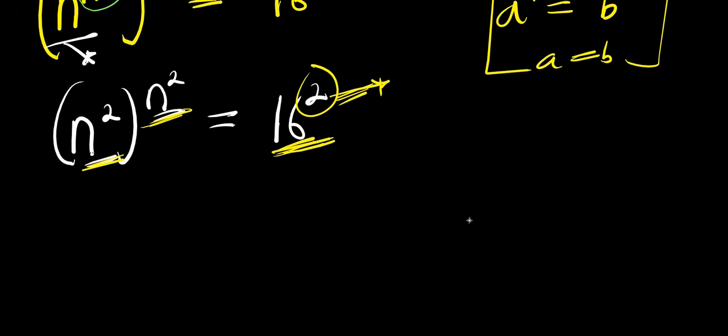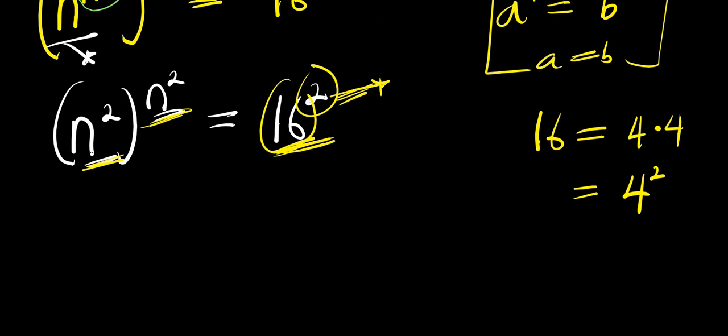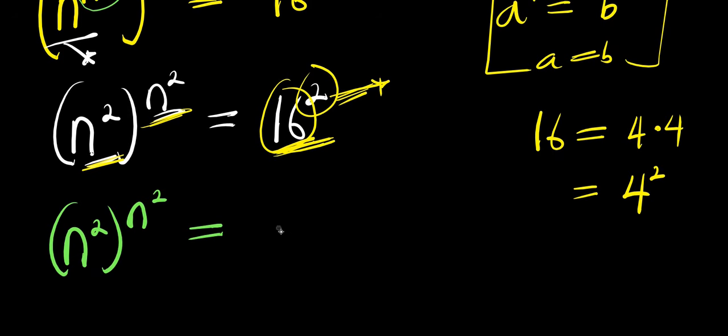So if you consider 16 is a perfect square, which is 4 times 4, that means 16 is 4 to the power of 2. So we are going to replace 16 with 4 to the power of 2. That means we are going to have n to the power of 2 raised to the power of n to the power of 2, and this equals 16, which is 4 to the power of 2, raised to the power of 2.